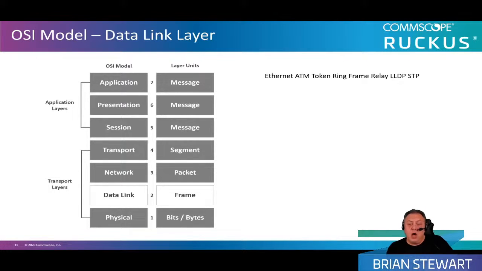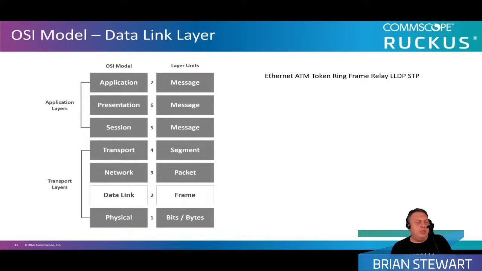The Ethernet standards also bleed down into layer 1 because those standards do include things like, what is gigabit Ethernet and what are the individual wires that are used? What are the pinouts? What voltages are being used to transmit data? So it can bleed between your layer 2 communication and your layer 1 communication.